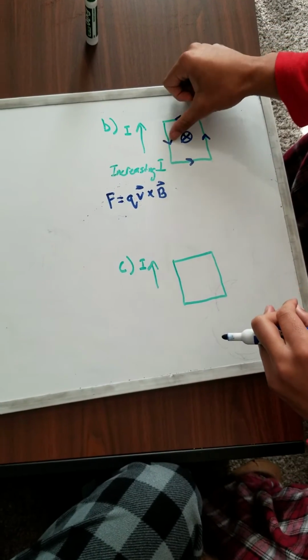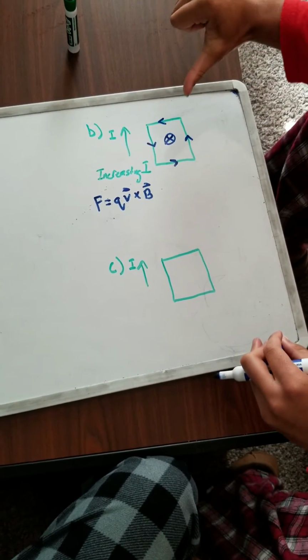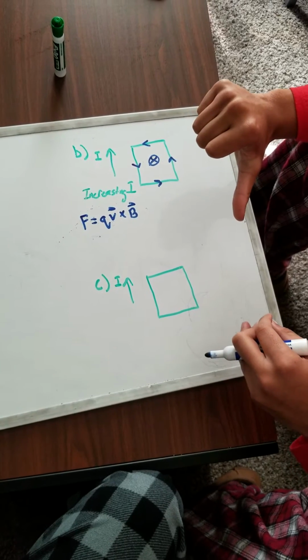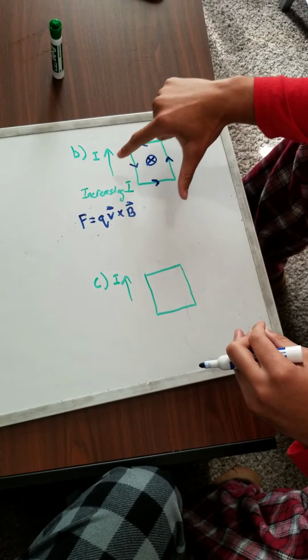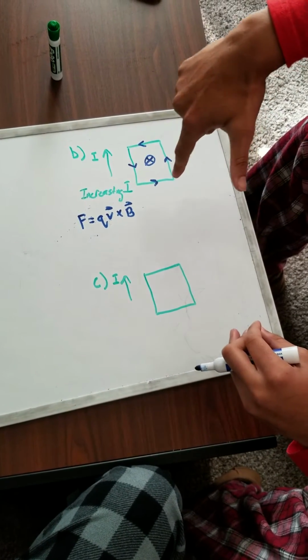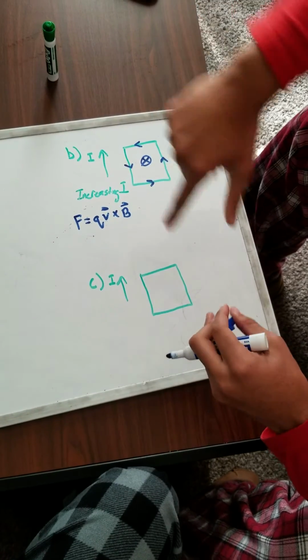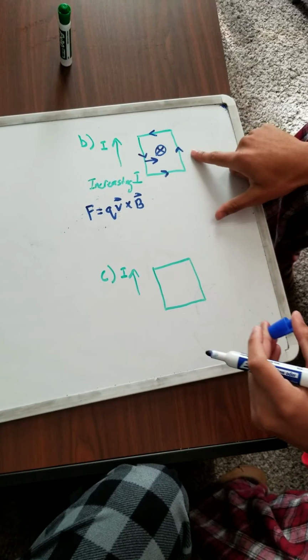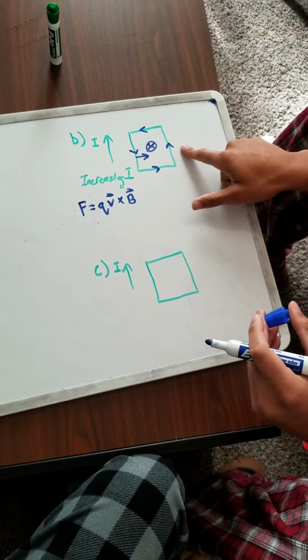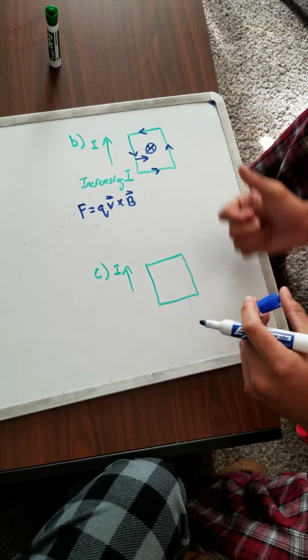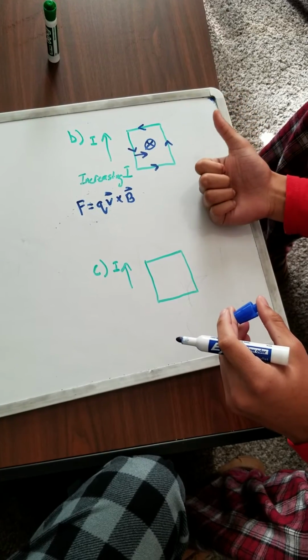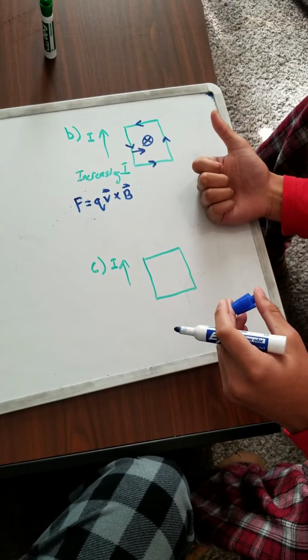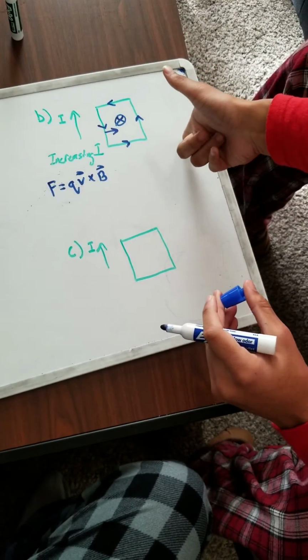So on the left side, the velocity is going downwards. The magnetic field, due to the current, is into the page, so the force will be to the right. On the right side, the direction of the current, i.e. the velocity, is going upwards. The magnetic field is into the page, so the force would be to the left.